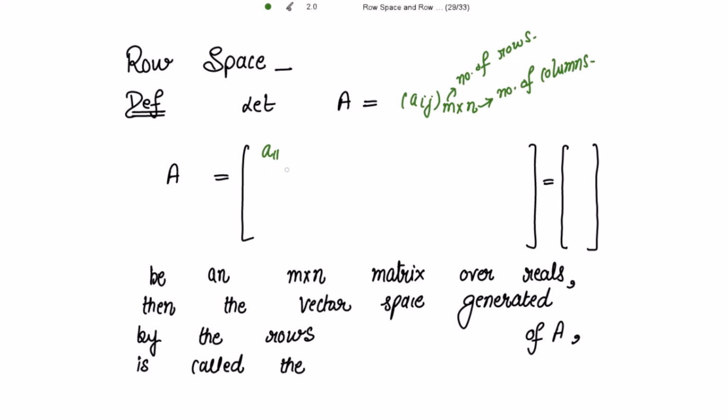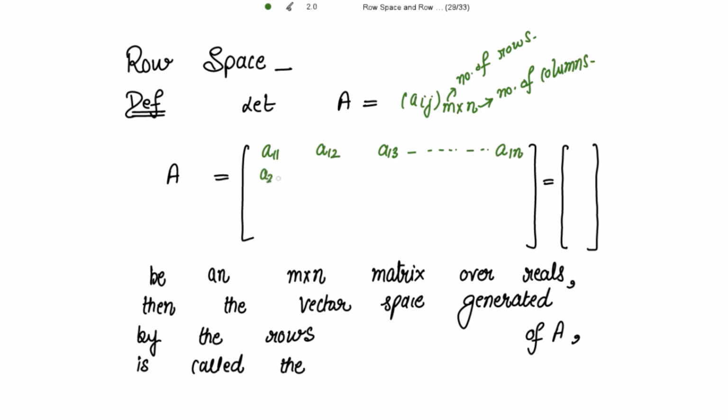So the entry A11 is in the first row and first column. This is A12, the entry in the first row and second column. Then A13, and so on. How many columns are there? N. So I should write the last entry as A1n, right?